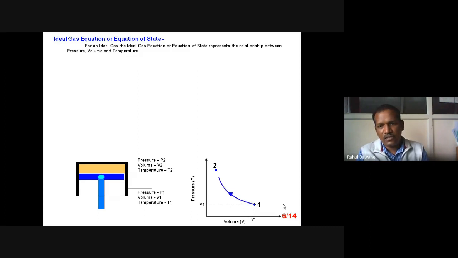And if I join the process, whatever the process is, suppose the first time it follows Boyle's law, say path A. The second time it follows Charles's law, so the path will be different, say B. The third time it follows Gay-Lussac's law, so the path will be C. So it might be possible that it takes a different path to achieve the same state 2.